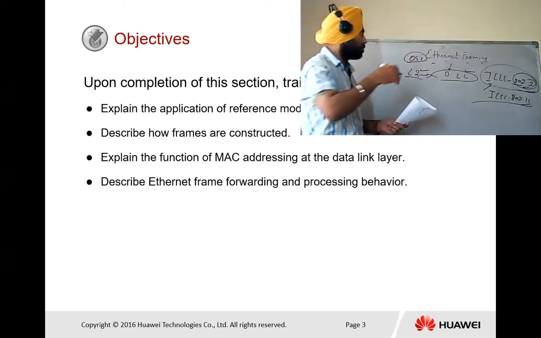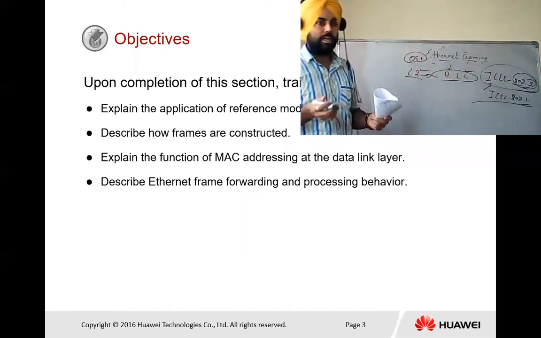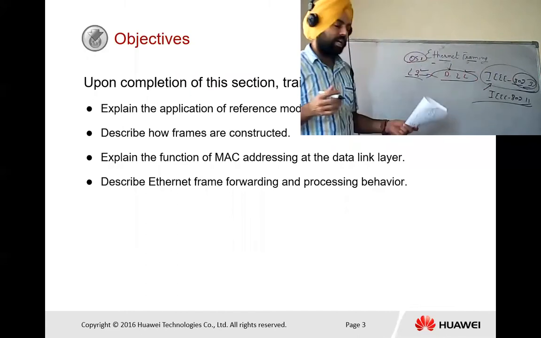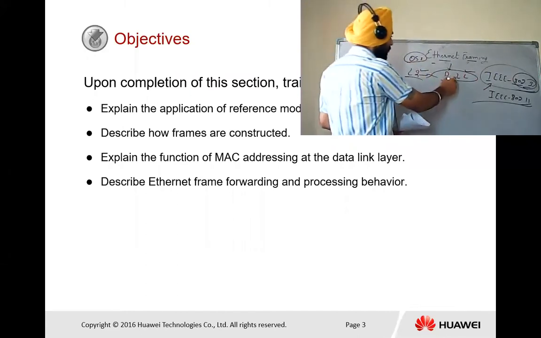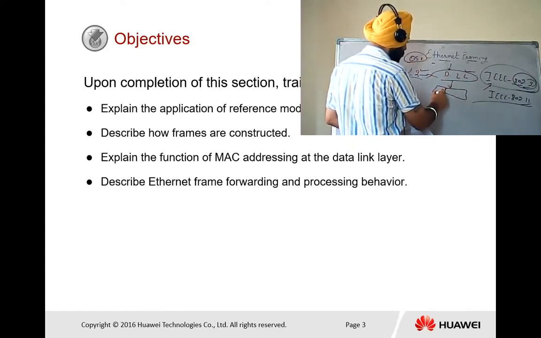So what is the use of Ethernet framing? Why are we using framing? Why do we use the data link layer? Because in the data link layer, our data has one more field.